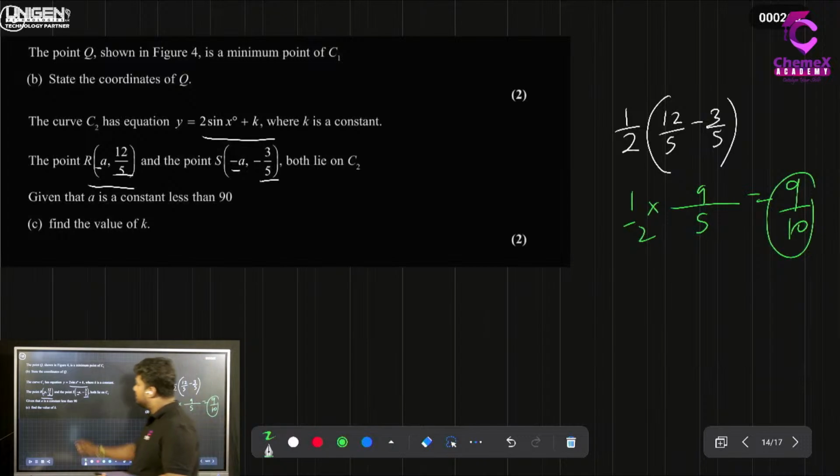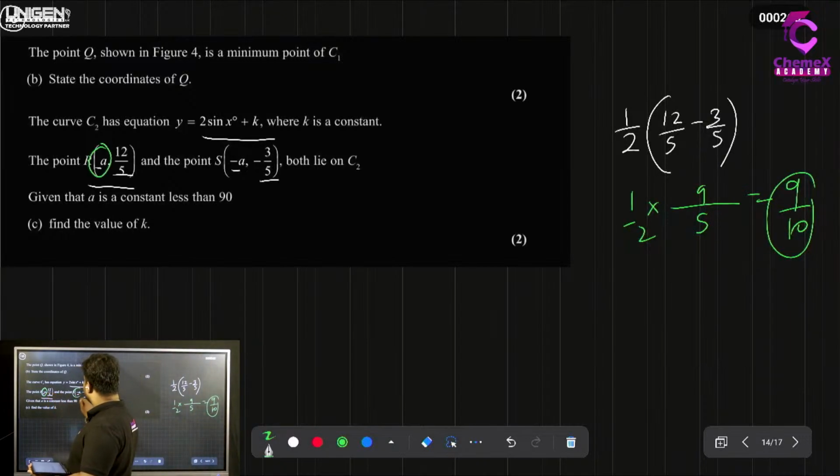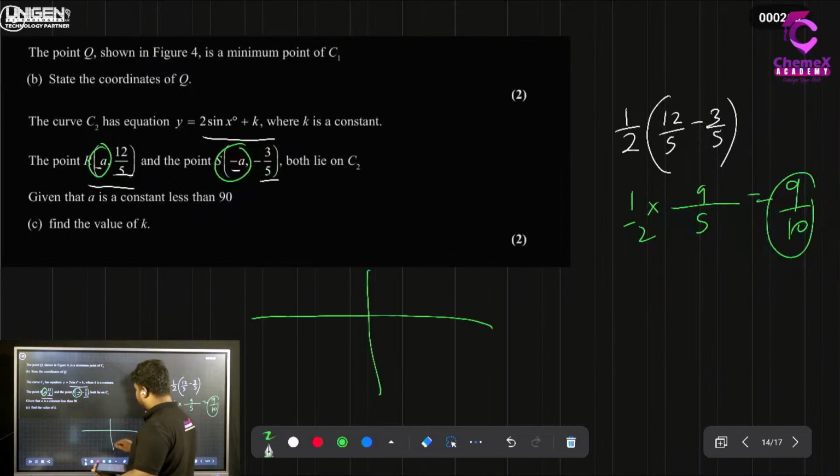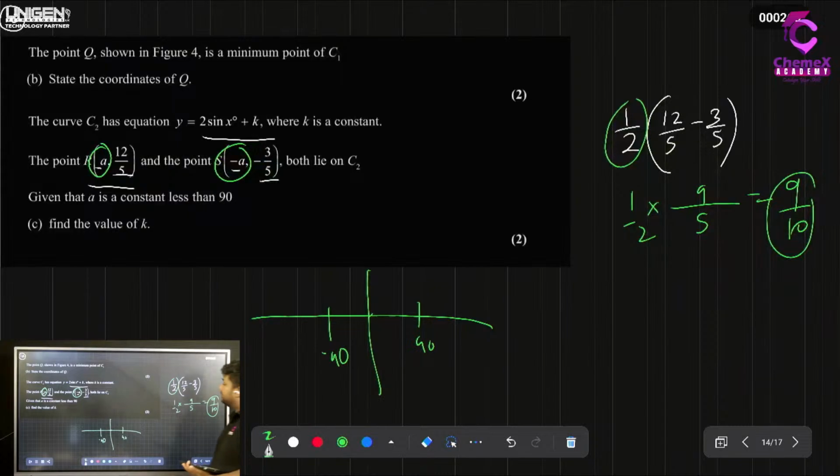The reason is this one is alpha and this one is minus alpha. That means if we take a normal graph, it's like -90 to +90, and this is in the middle. That's why half into the distance of the two. Okay? So k is equal to what then? 9 over 10.